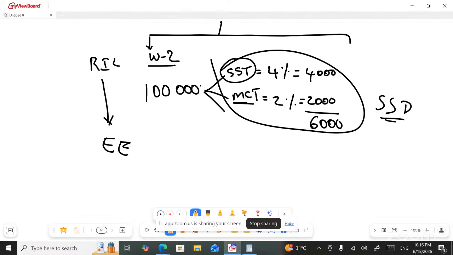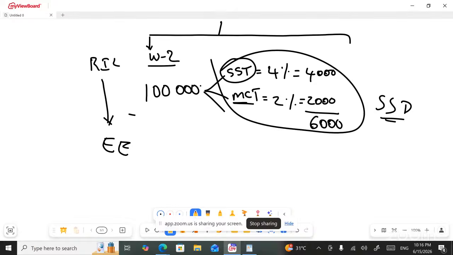Finally, the cost to Reliance India Limited: 1 lakh paid to the employee, and additionally 6,000 paid to another department on behalf of the employee. Total cost to the employer, 1,06,000.